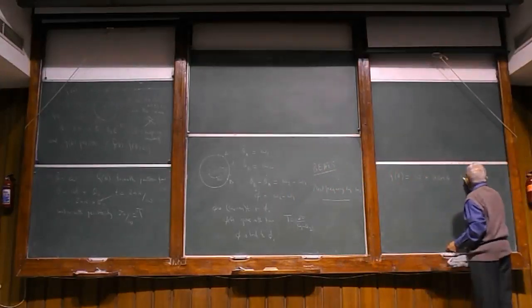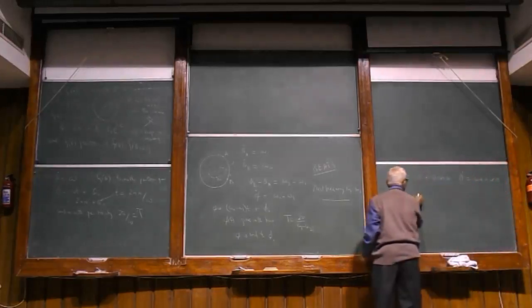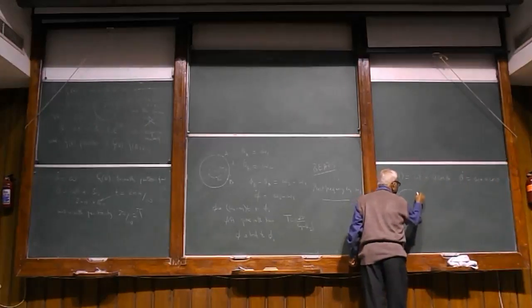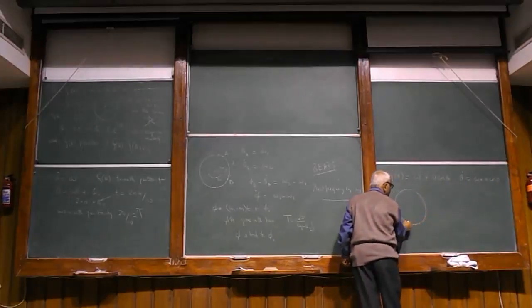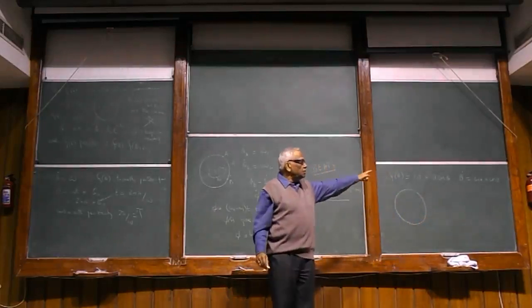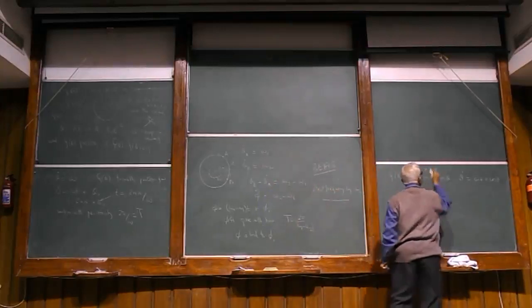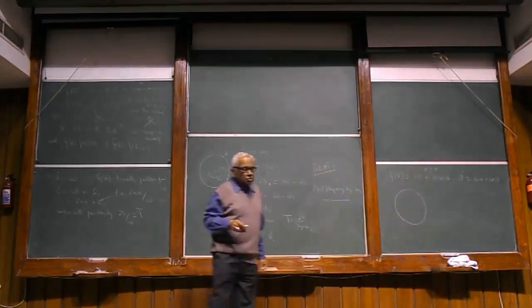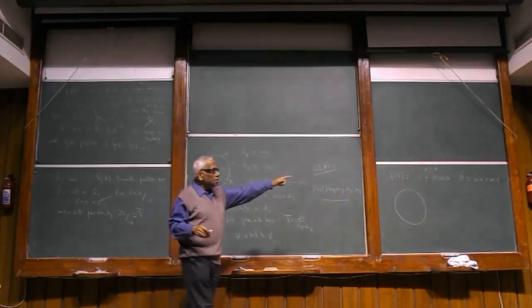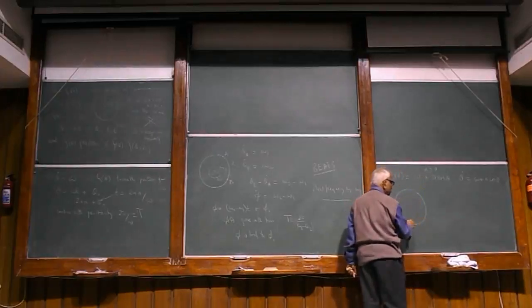So I now have theta dot equal to omega plus a cos theta, and if I look at this circle over here, then at theta equal to 0, let's say omega and a are greater than 0, so theta dot is omega plus a.